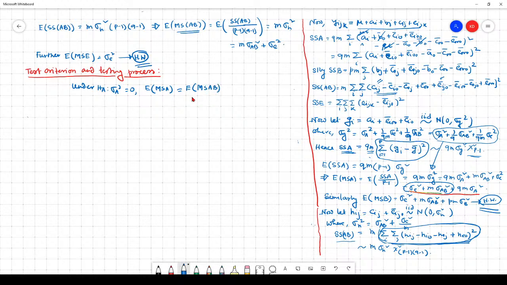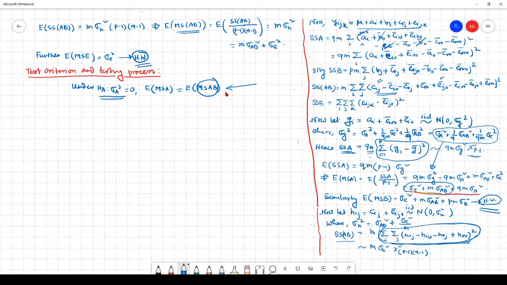So hence for testing this, the valid error is MSAB. Okay, please note down for me. When for testing HA, the valid error is MSAB. This is another difference between fixed effect model and random effect model.